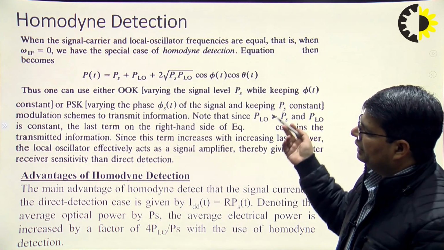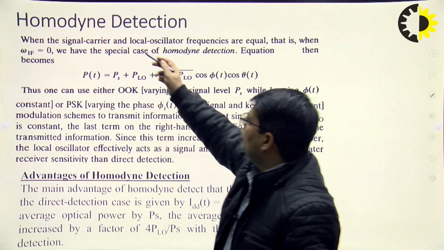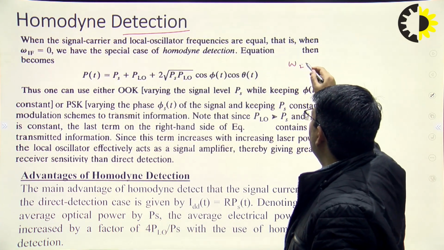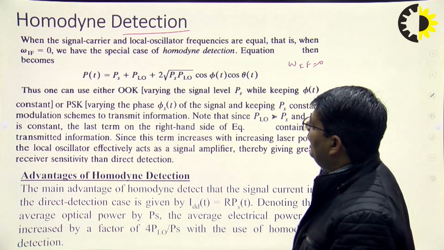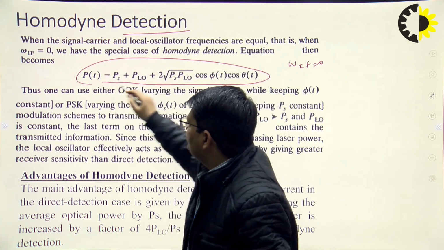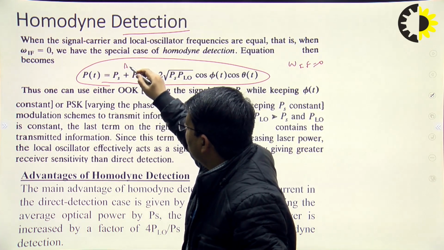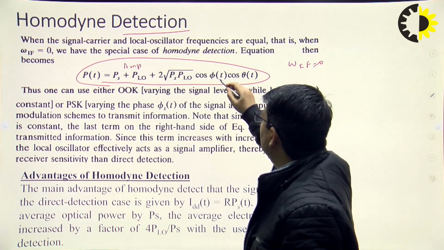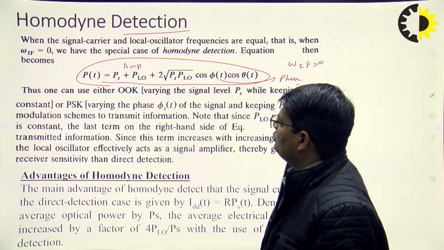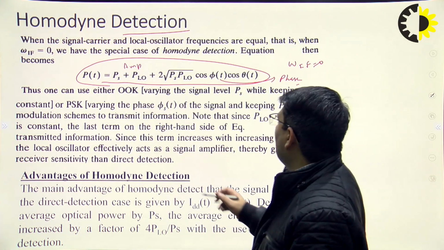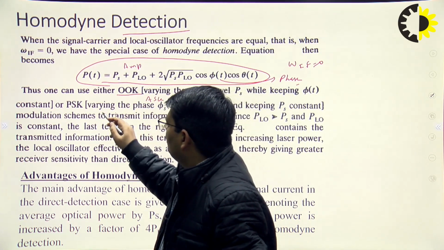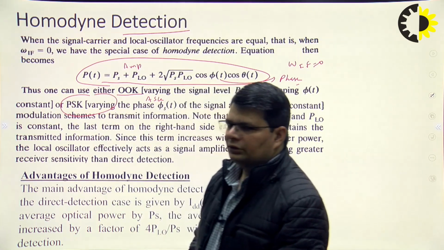So this is mathematically how I have already explained homodyne detection. In homodyne detection, we have intermediate frequency equal to 0, and when we put intermediate frequency equal to 0, there is no frequency term, only the amplitude term and the phase term. So that's why we can apply either OOK, that is ASK, or PSK only.